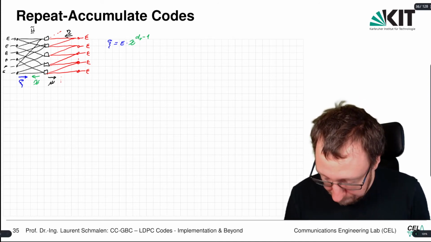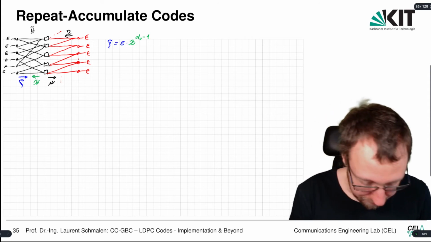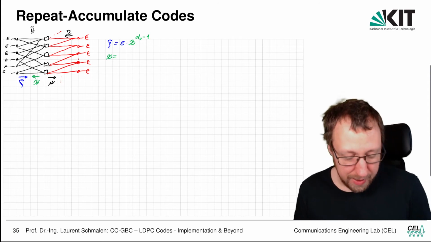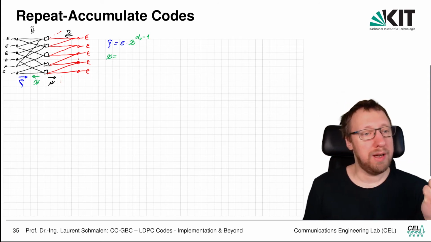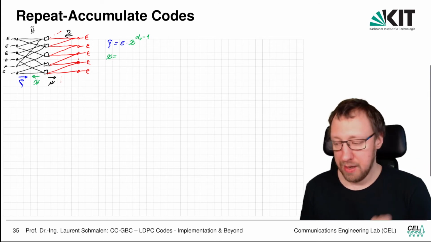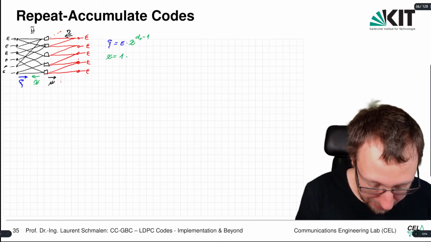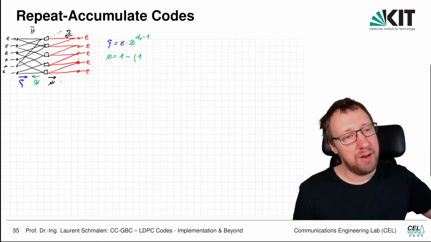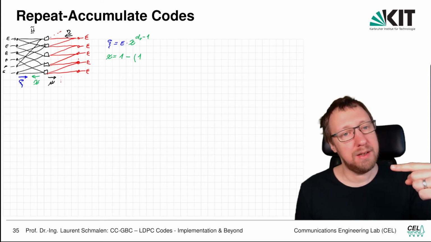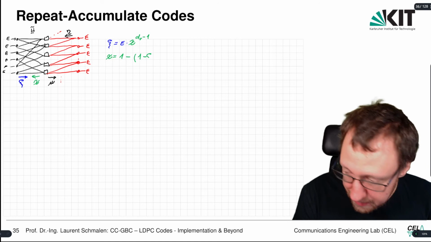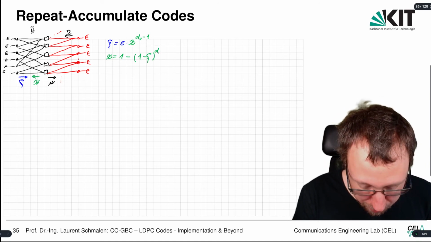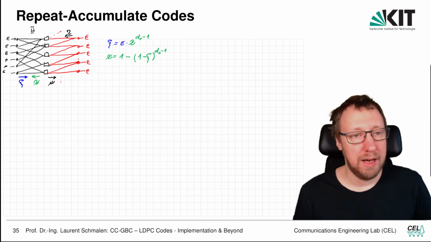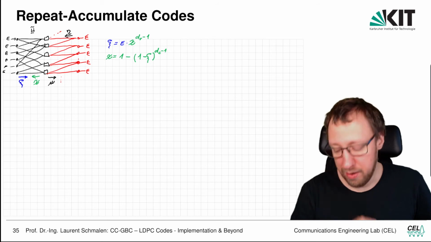So what is chi? So chi is the probability that the message from the check nodes to the left-hand variable nodes is erased. That is 1 minus, now we have DC minus 1 incoming messages from the left variable nodes. So it's 1 minus xi to the power DC minus 1. And we have messages from the right variable nodes.